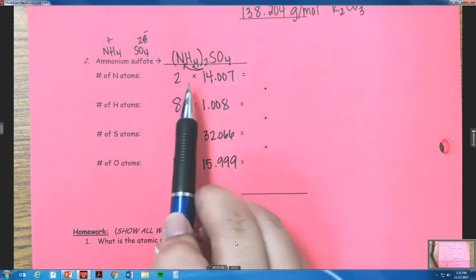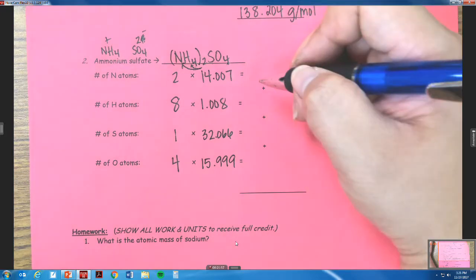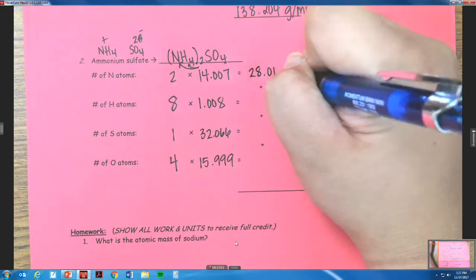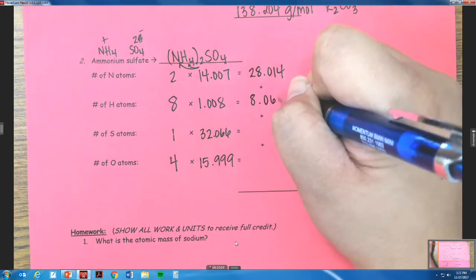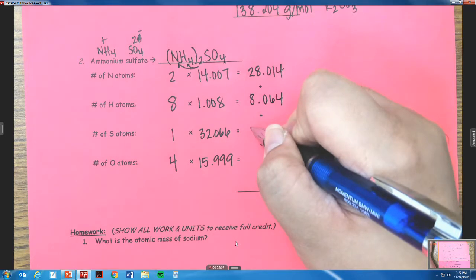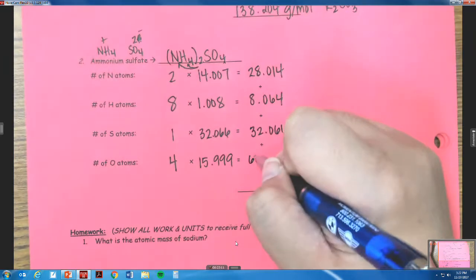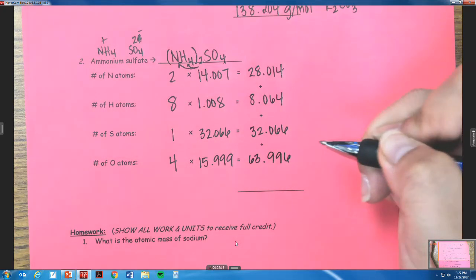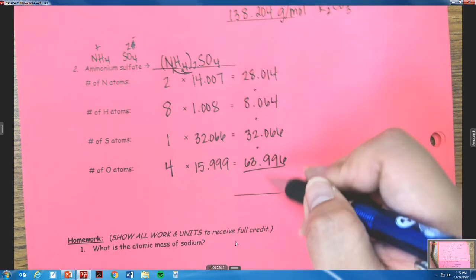Now you're going to multiply these values by the number of atoms, and you should end up with 28.014, 8.064, 32.066, and 63.996.